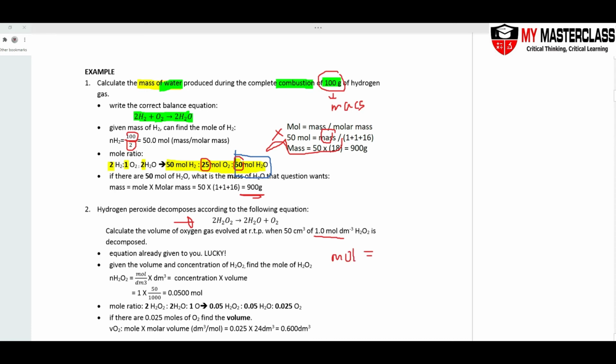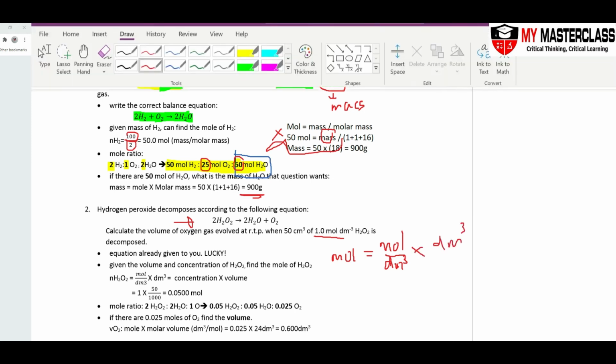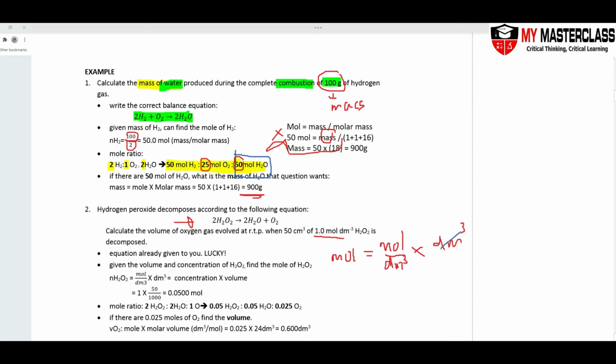To make mole the subject, I have to times the dm³, so that the dm³ in the numerator and denominator cancel and you can find the mole. So 1 mole per dm³ times 50 cm³, changed to dm³, so 50 divided by 1000.